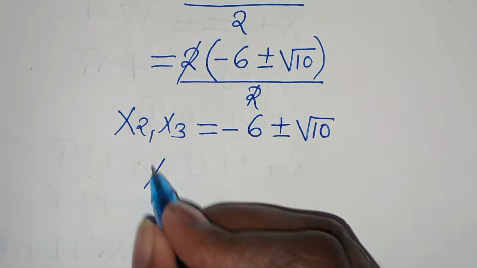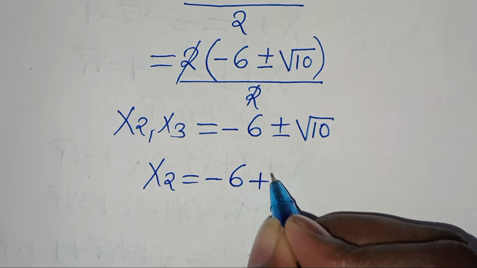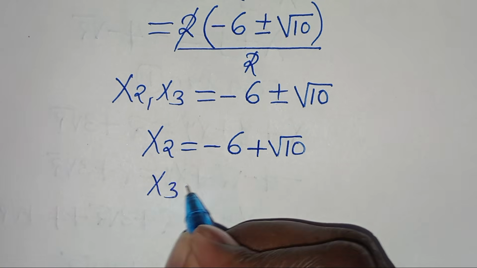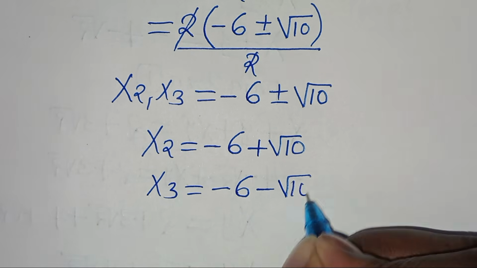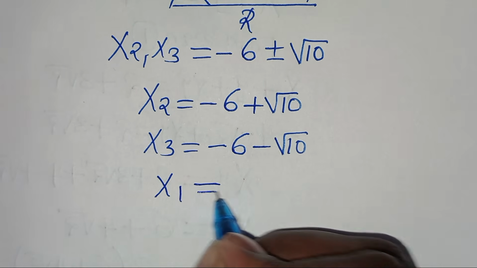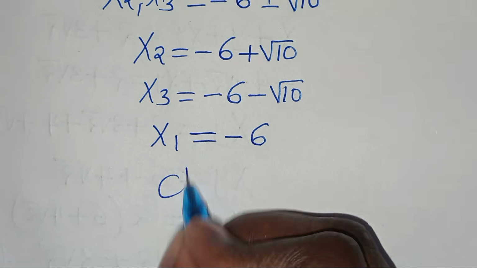Therefore, we have x2 is equal to minus 6 plus square root of 10, and we have x3 is equal to minus 6 minus square root of 10. Now, we also have x1. x1 is equal to minus 6. Now, let's check.